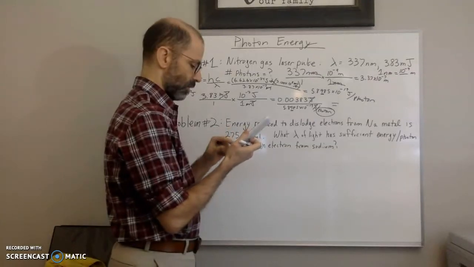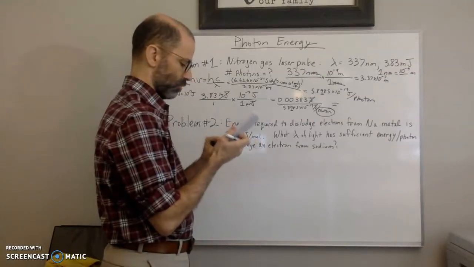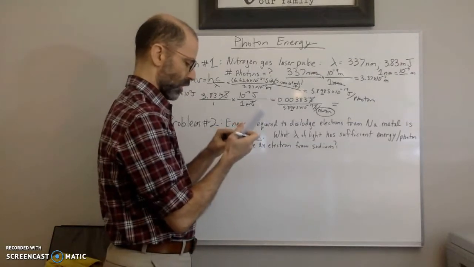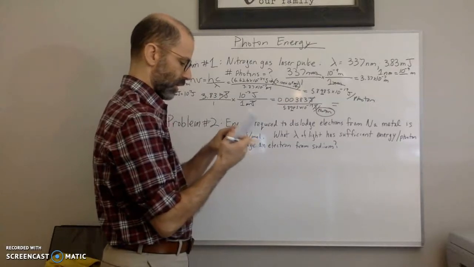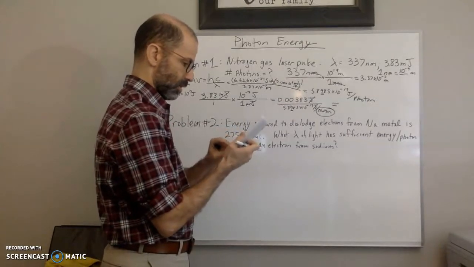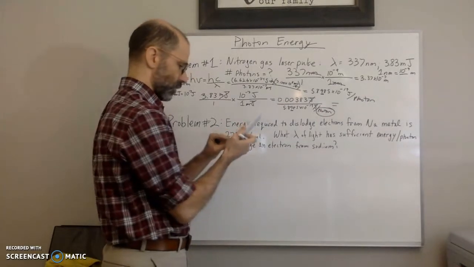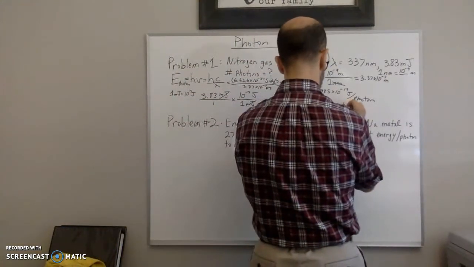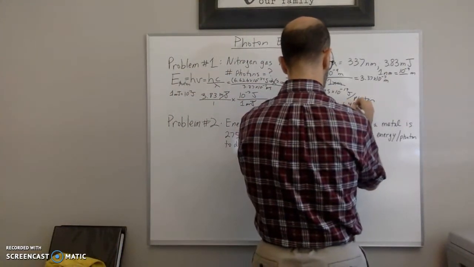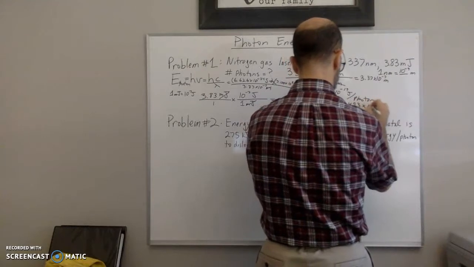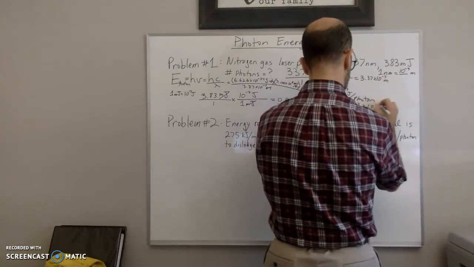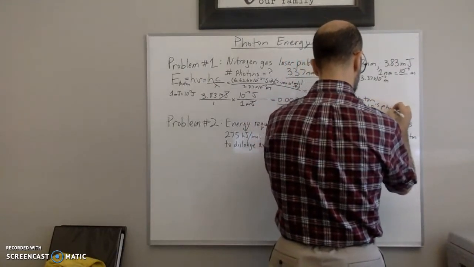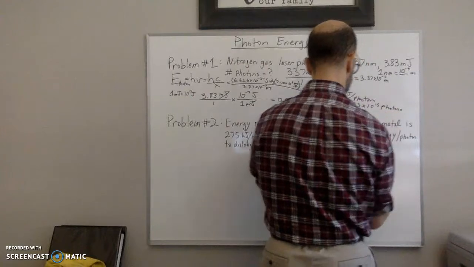So then 0.00383 divided by that answer, and then I get 6.493 times 10 to the 15 photons.